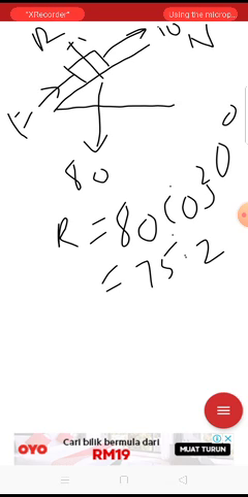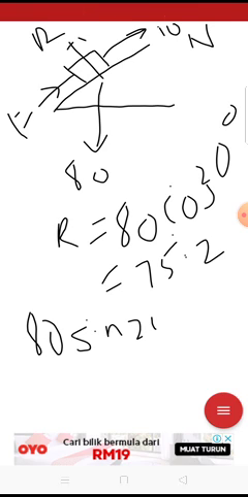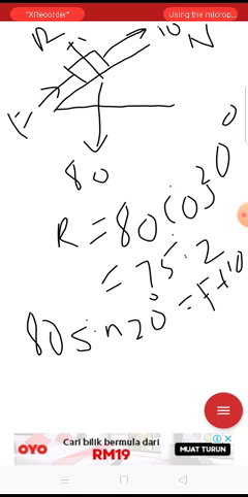And in the same situation, if we resolve the forces parallel to the inclined surface, we have 8g sine 20 equal to F plus 10. So we should be able to find that F is actually equal to 17.4 Newton.